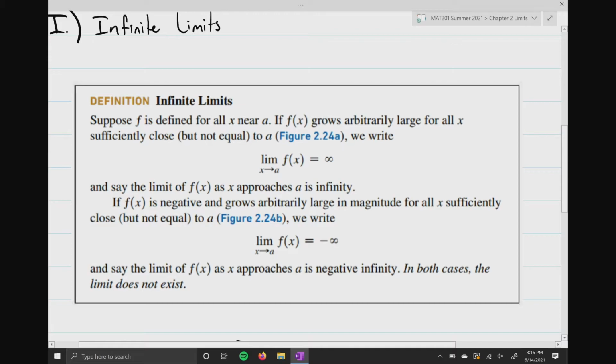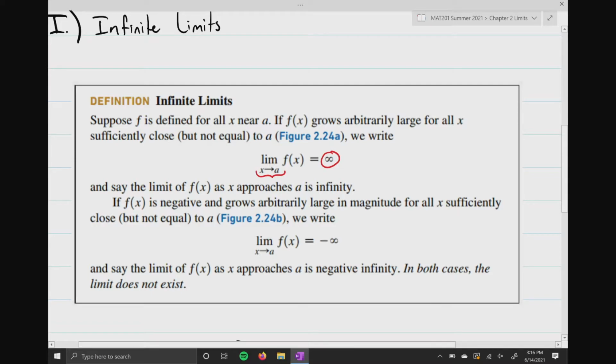Okay? So what we're looking at here is a situation where as you get closer and closer to some arbitrary value a, our outputs are going to get larger and larger, and they grow without bound. Hence, we say positive infinity.